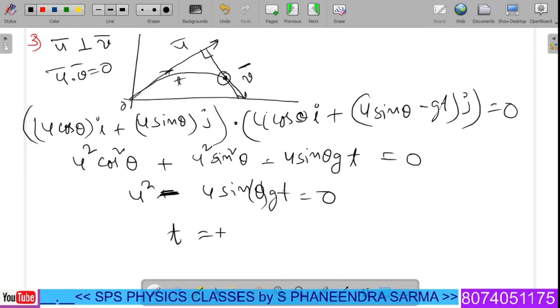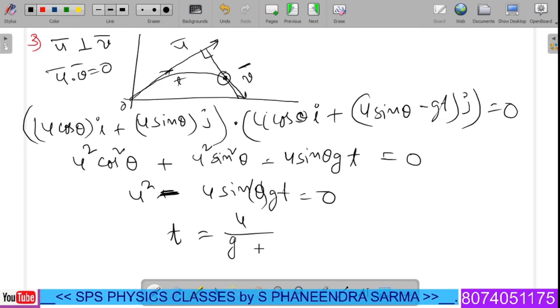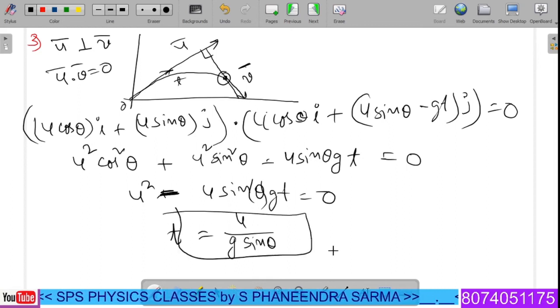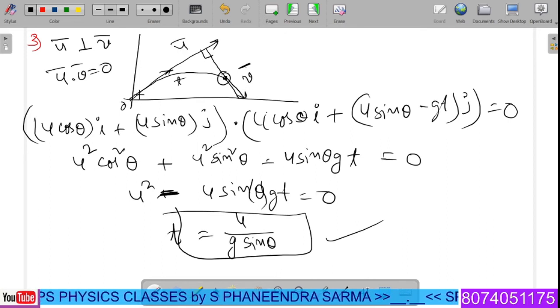Upon solving, t is equal to u by (g sin theta). So at this particular time, the initial velocity vector and the final velocity vector, after t seconds, are perpendicular to each other.